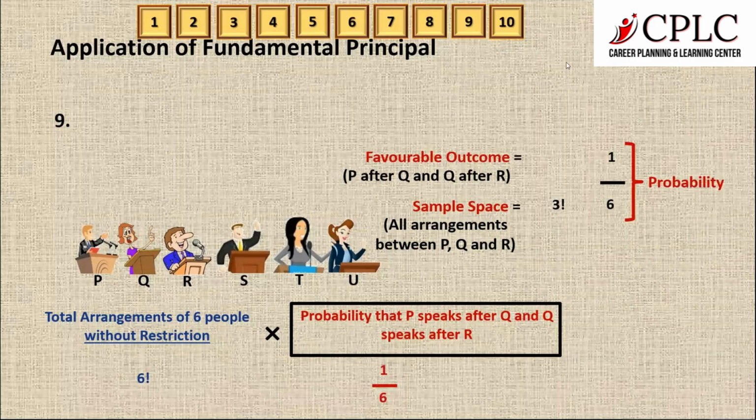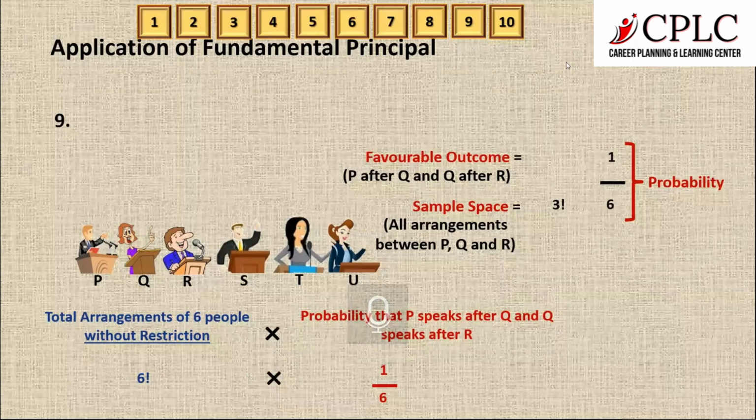So probability is going to be 1 by 6, because there's only one possibility of P speaks after Q and Q speaks after R. As there are 6 people, so it's 6. So 6 factorial into 1 by 6, that is also equal to 120.